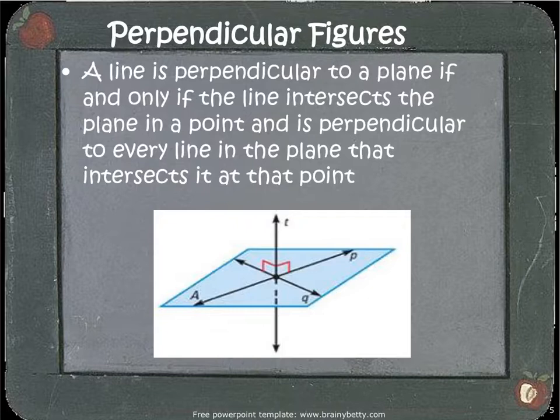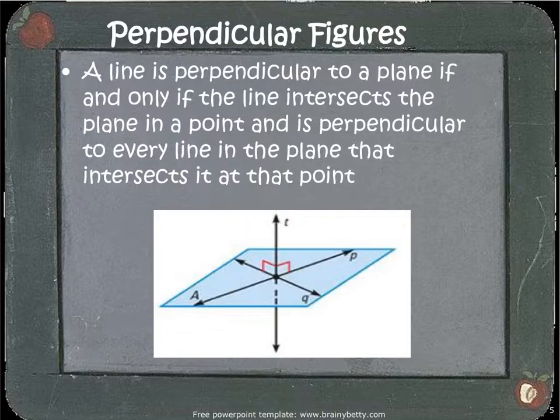Now, when perpendicular lines intersect, they form 90-degree angles. So that little clue that it's a 90-degree angle is important to us. Everybody see the little red lines here? This indicates that these are 90-degree angles, which are formed by those perpendicular lines.